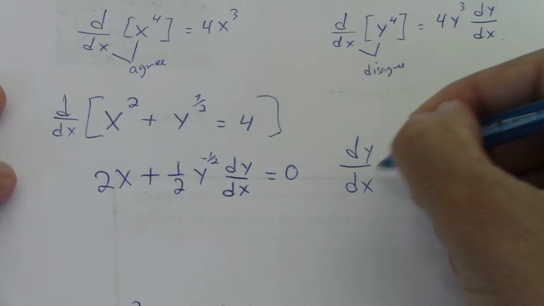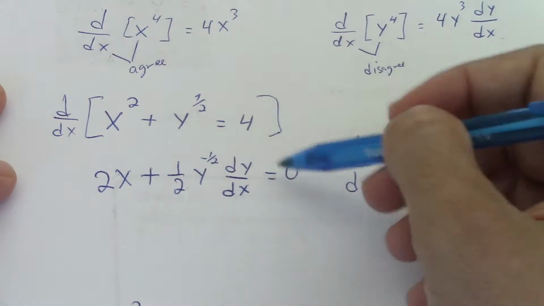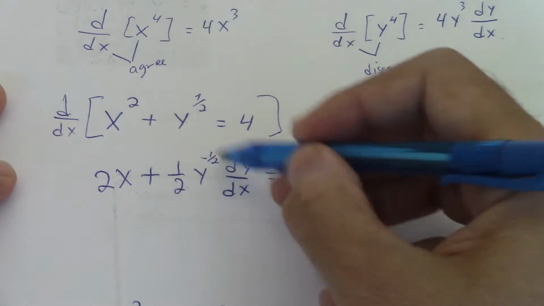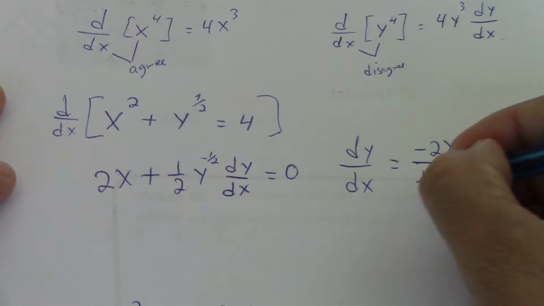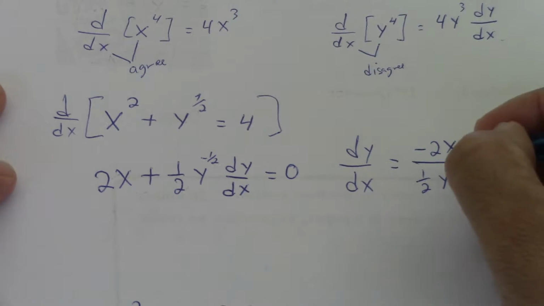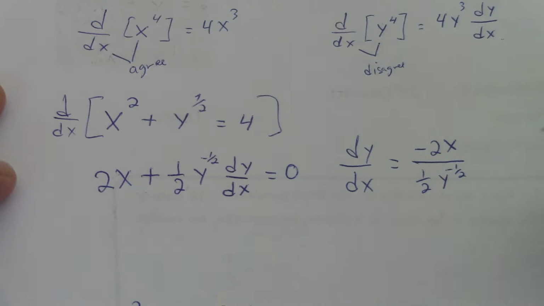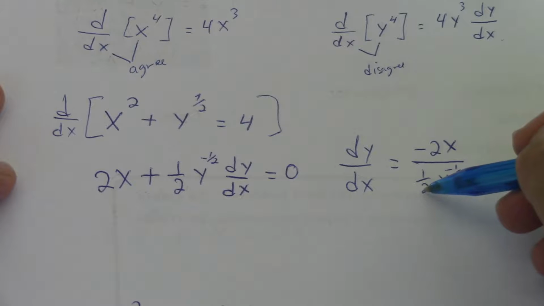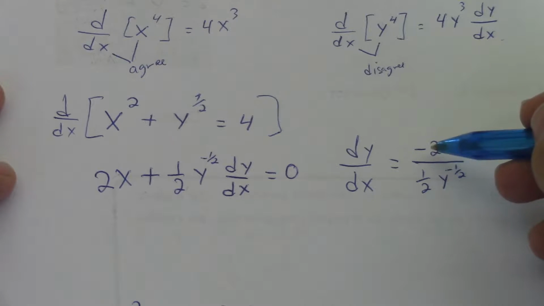dy/dx is equal to, this one is positive, move it here negative, -2x divided by all this, 1/2 of y to the -1/2. We can keep working with this. 2 divided by 1/2 is 4, or when dividing you multiply by the reciprocal, that will be -4.